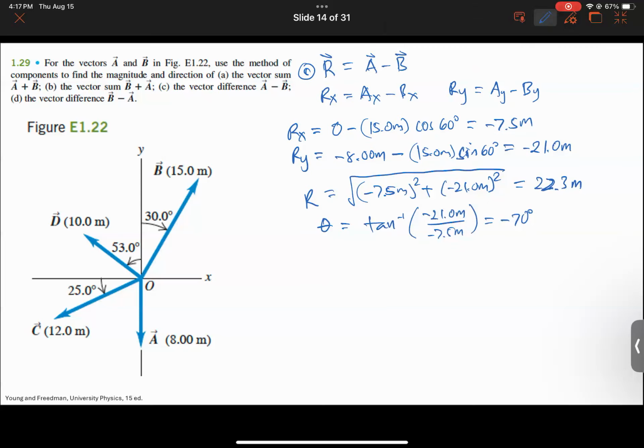So graphically, yung negative B should be here. Ibig sabihin, yung A, pag dinugtong natin yung A dito, yung resultant vector would be something like this. So this is the third quadrant.